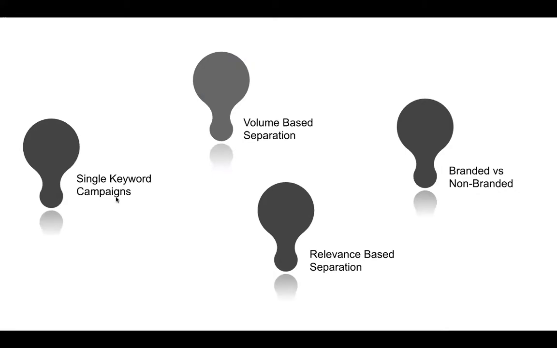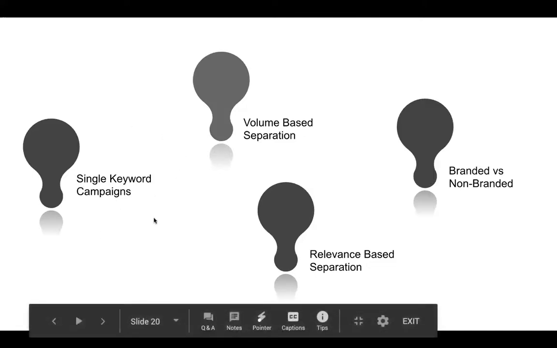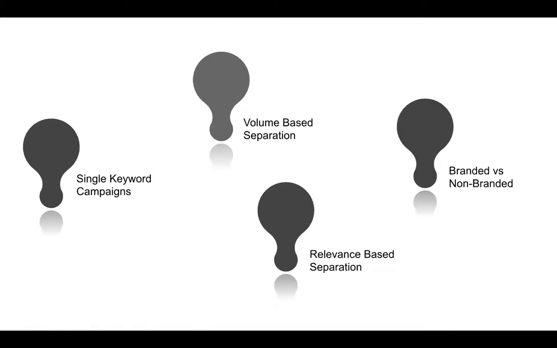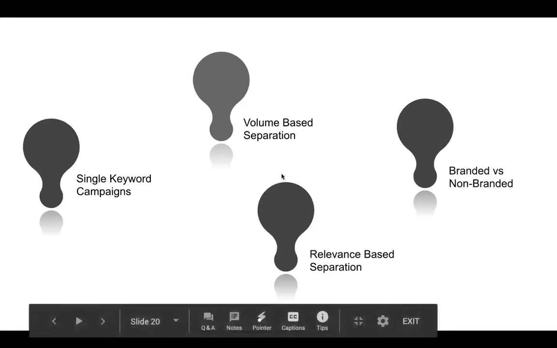I don't mean to say, go starve your ad groups, but it's a good idea to pick a few keywords that are super important, super relevant to your product, and go aggressive on those. Allocate a separate budget, and make sure that you win those, and that's possible if you allocate a specific budget and just keep those keywords separate from all the other ones. So this is a trend we've seen.